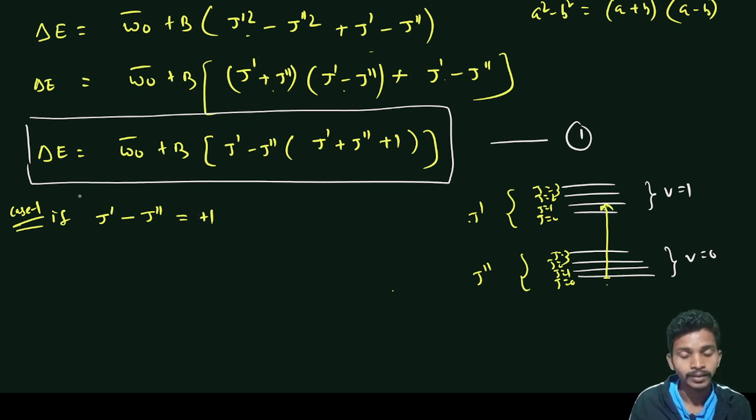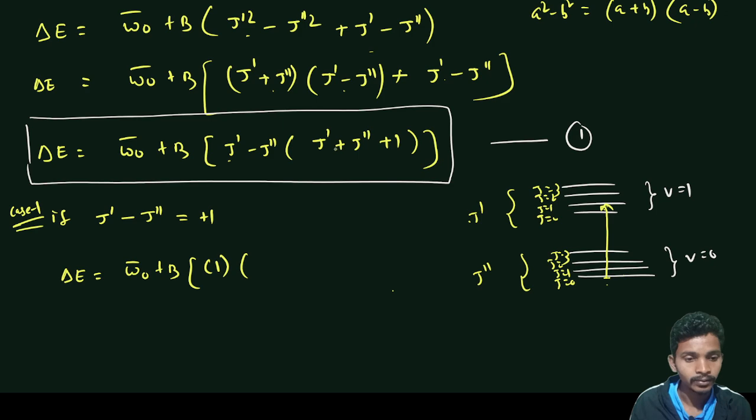Okay, selection rule. So now I am taking plus 1, case 1. What is the value? It will become delta E equal to omega naught plus B times j dash minus j double dash, that is equal to 1.